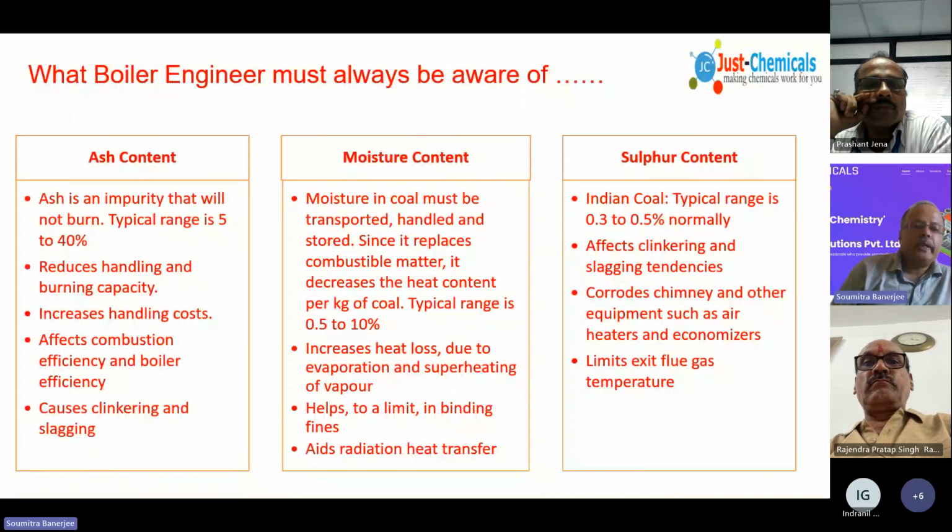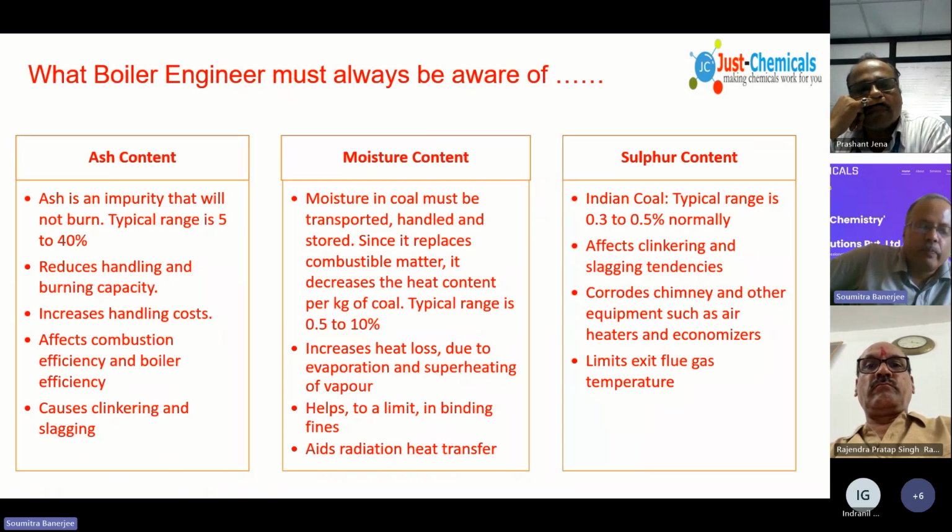So the ash content reduces handling and burning capacity, and causes clinkering and slagging after combustion, which affects the combustion efficiency and boiler efficiency. Moisture in coal must be transported, handled, and stored, so higher the moisture means higher the losses.